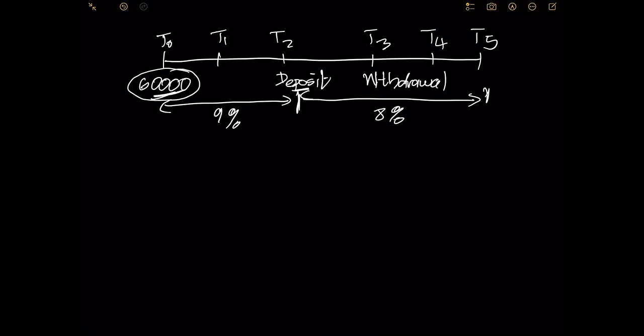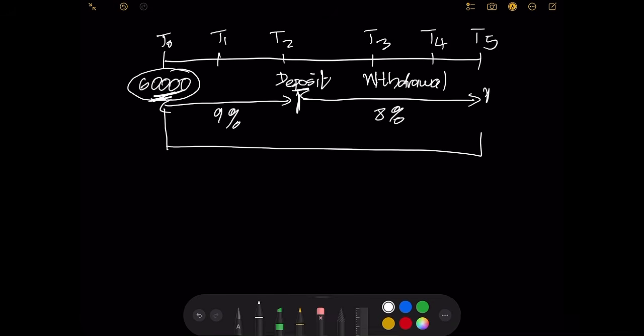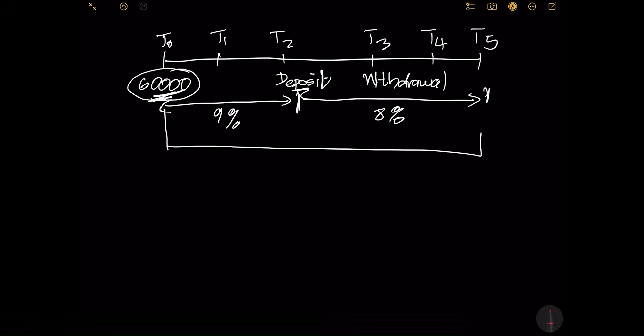For instance, the 60,000 would have stayed throughout the 5-year term that it is invested in. Now, if we made a deposit here, we cannot take the accumulated amount for the 5 years. It would actually be for the remainder of the years that we would have.